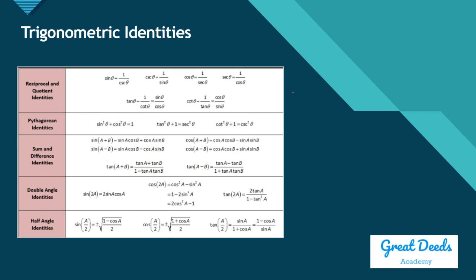Okay, so especially the reciprocal and quotient identities. Okay, the Pythagorean identities, you must know this. And this one, double angle identities. Because we will use this whenever we have to obtain the integral of the square of sine of x or the square of cosine of x.